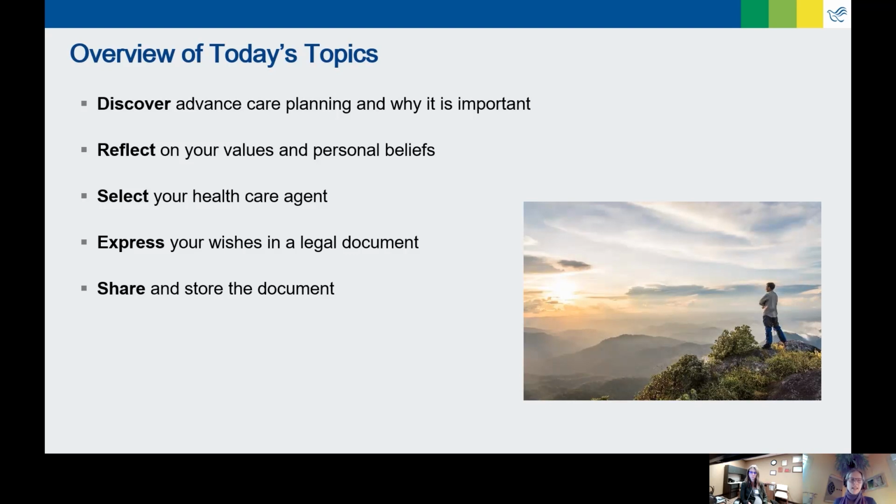We'll talk a lot about selecting a healthcare agent and how important it is to choose wisely and who might step in to make decisions for you if you're unable to make them for yourself. And then how to express all of this information into a legal document. Once the document is complete, how do we share the information? Where do we store the documents? We'll be covering all of that in our time together today.